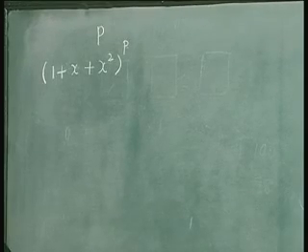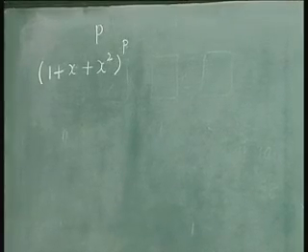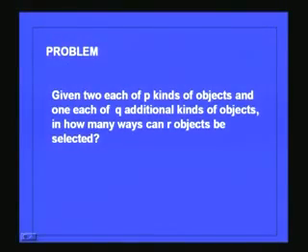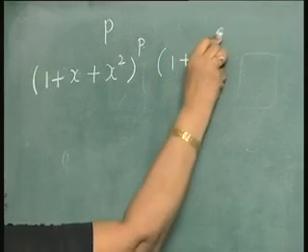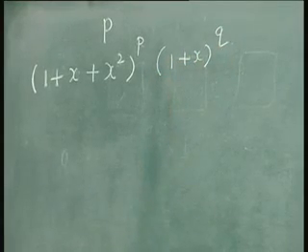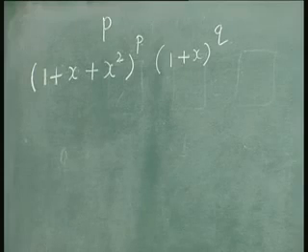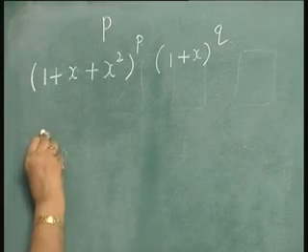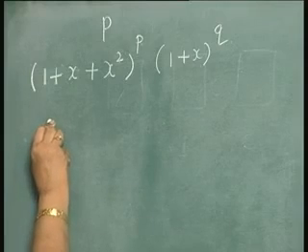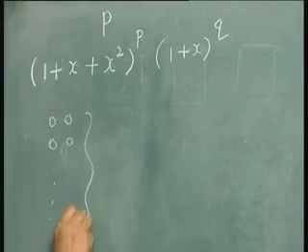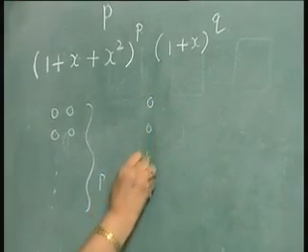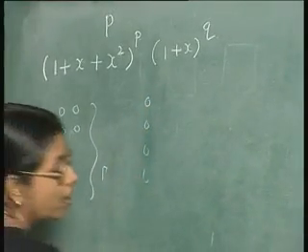So this is the enumerator for the expression. Generally, the first object you are having 2 of them, the second object you are having 2 of them, like that p of them, then q of them you are having only 1. So the first object you can select once, you need not select, or you can select only one of them, or you can select 2 of them, like that for all the p objects. So the enumerator for that is this ordinary enumerator.